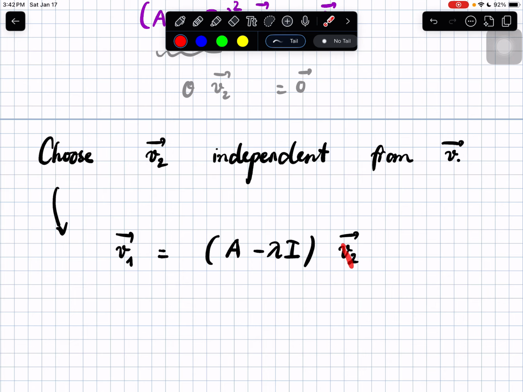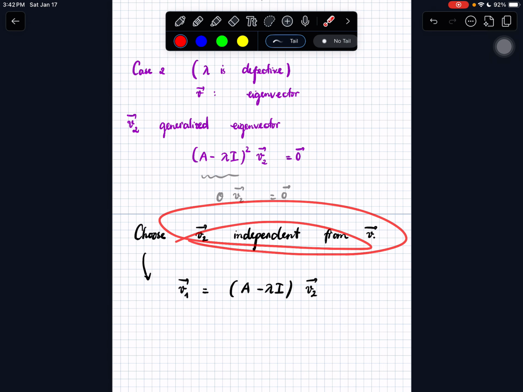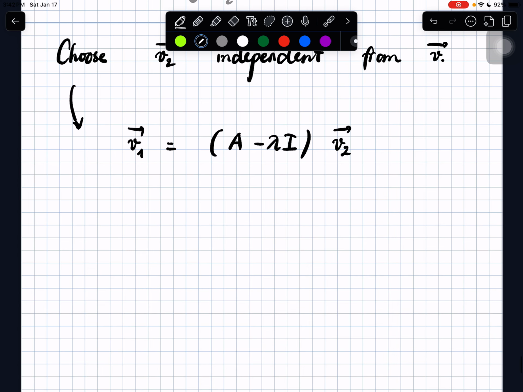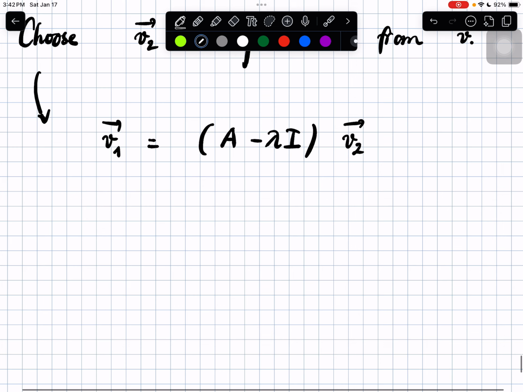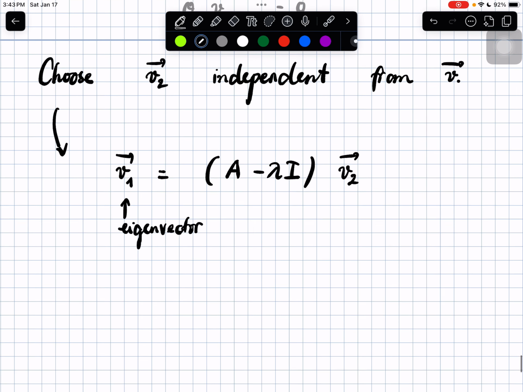The only reason we choose v2 independent from v is so that v1 is non-zero. We have one actual eigenvector corresponding to lambda, and v2 is a generalized one.